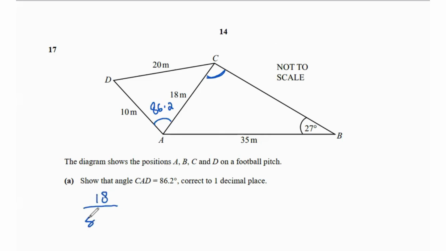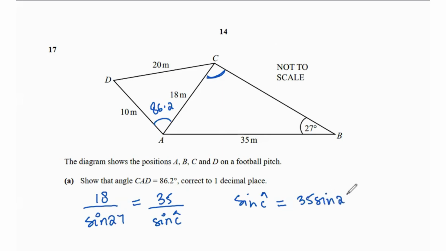18 over sine of 27 equals 35 over sine of angle C. So sine of angle C equals 35 times sine 27 over 18. Sine of angle C equals 0.88275.